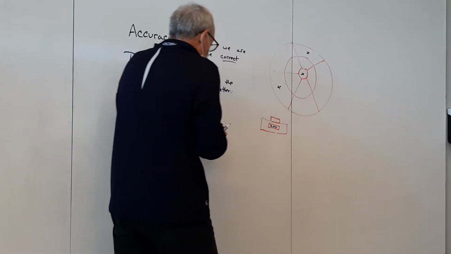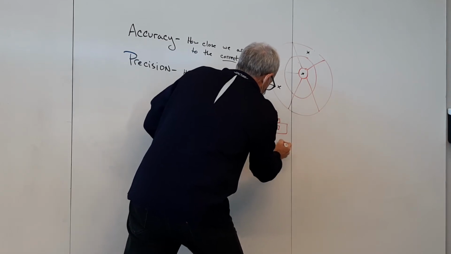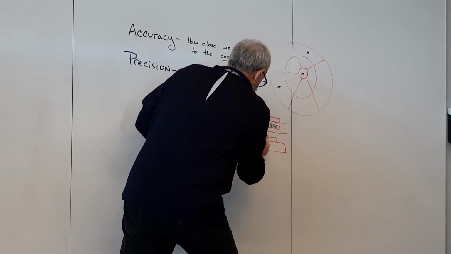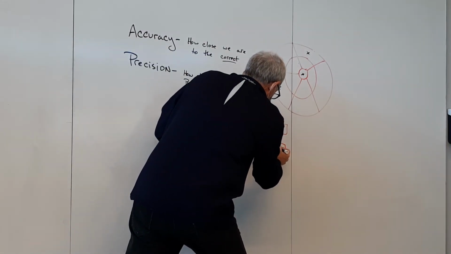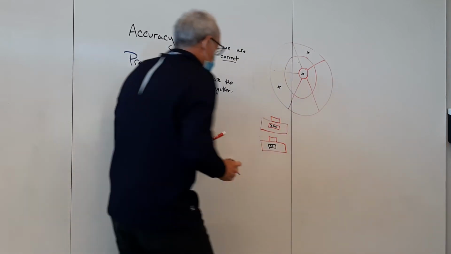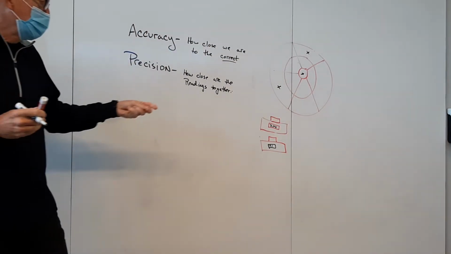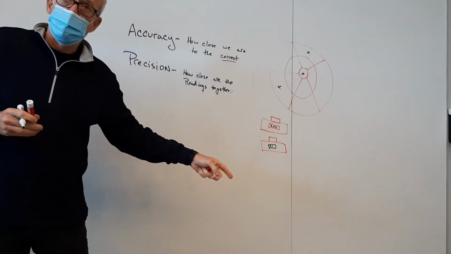And then I've got another balance, and the reading on this balance says 3.1. So one says 3.114, the other says 3.1.